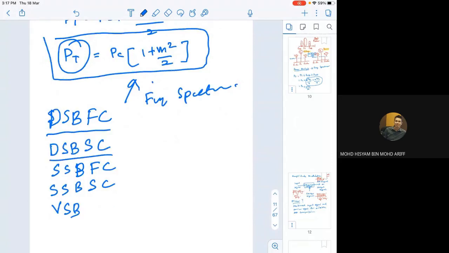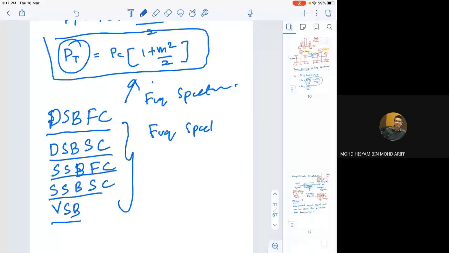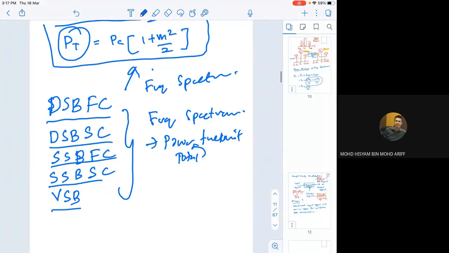What is the difference between these? You can do the analysis in terms of frequency spectrum, where it is related with the total power transmit. So last time, double sideband full carrier.